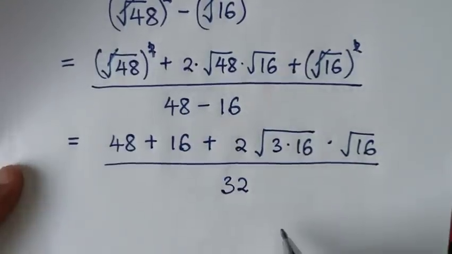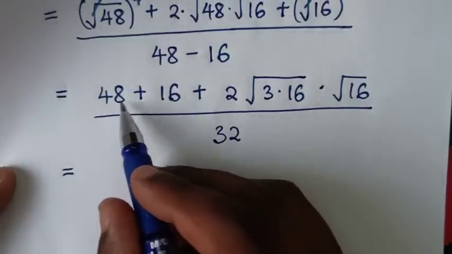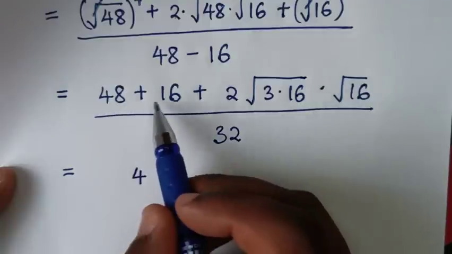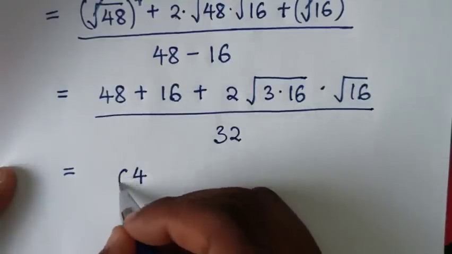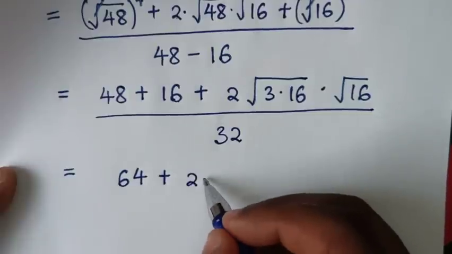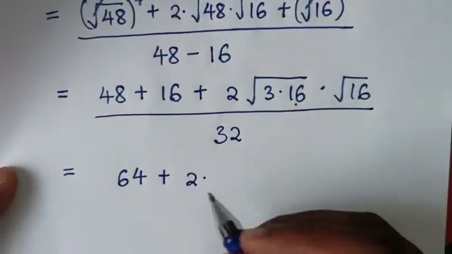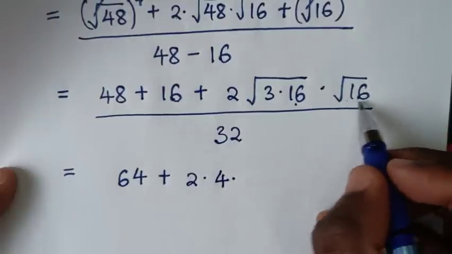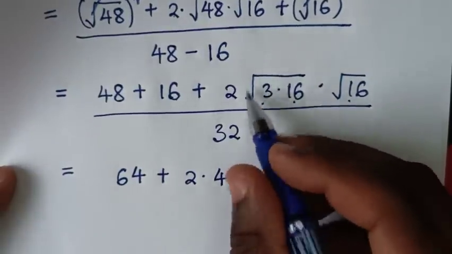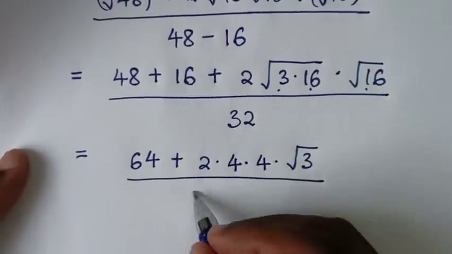Then from 48 plus 16 it will be 64, plus 2 times square root of 16, which is 4, times square root of 16, which is 4, times square root of 3, over this 32.